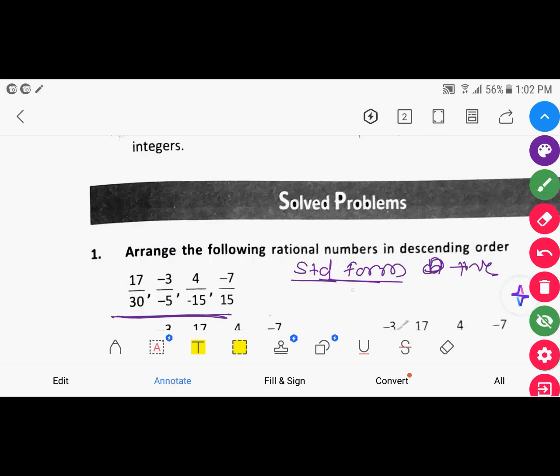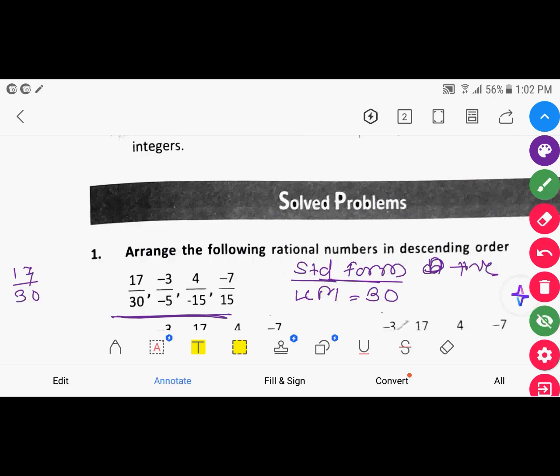So the least common multiple of all these four numbers is 30 only, because 3 tens are 30, 5 sixes are 30, 15 twos are 30. So every denominator should be 30, and to make every denominator 30, we have to multiply the numerator with some numbers. So for the first number, we need not multiply with anything, so we just multiply with 1, and the number will remain as it is, 17 upon 30.